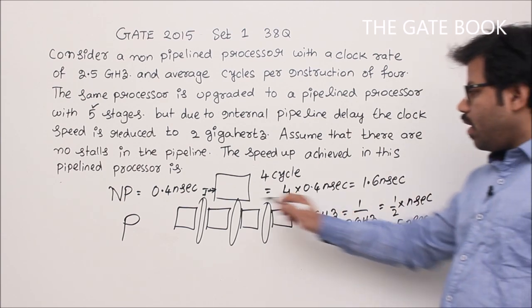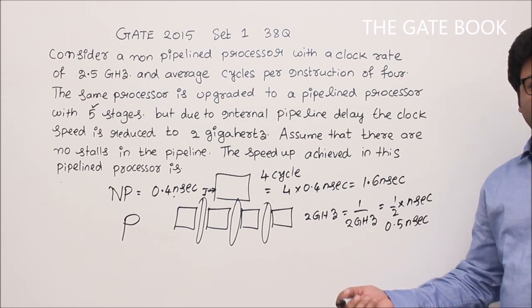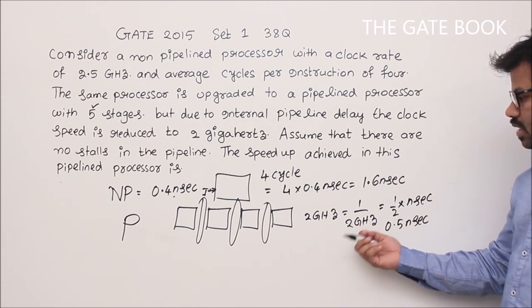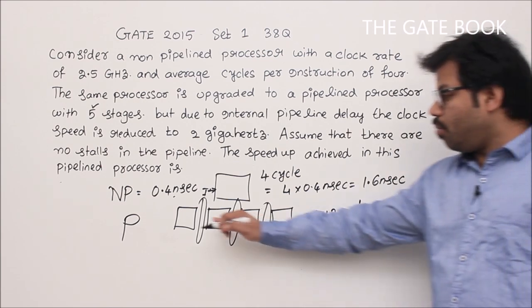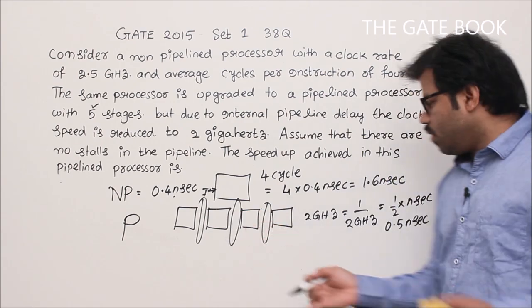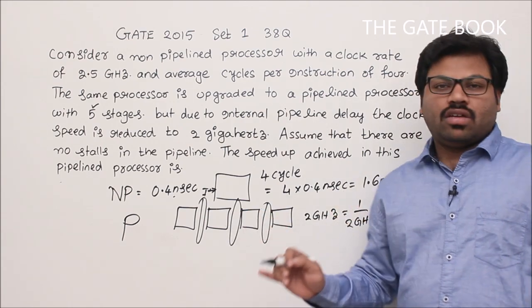The clock was 0.4 nanosecond. Sir, because of pipelining, are you getting more time? That means instructions are getting more time? No. Though the clock time is increased, we have parallelism, and because of parallelism you get the benefit. So it takes only 0.5 nanosecond for execution.